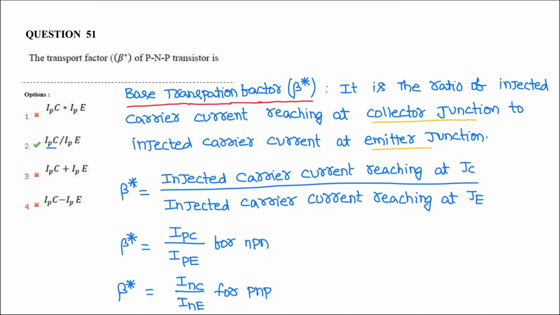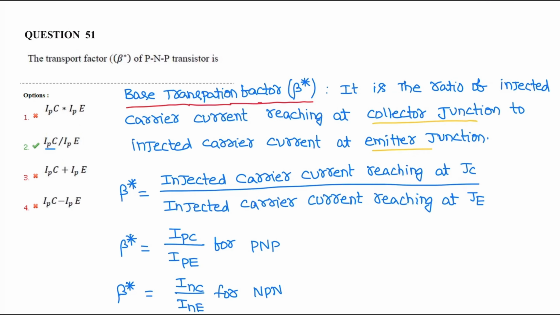So beta star is equal to injected carrier current reaching collector junction JC to injected carrier current at emitter junction JE. Beta star is equal to IPC by IPE for PNP transistor, INC by INE for NPN transistor. Because in PNP transistor majority carriers are holes, which is represented as P. Therefore transportation factor beta star in PNP transistor is IPC by IPE.